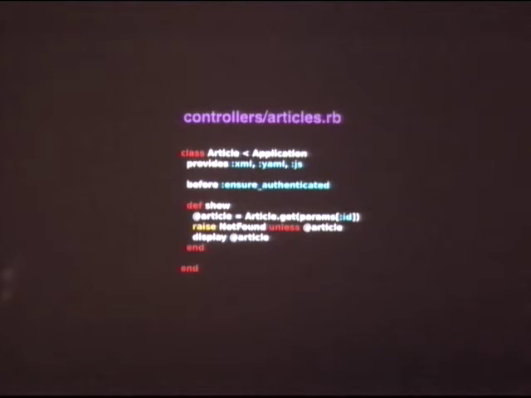The before authenticated is a before filter that the Merb auth slice uses, and so you'll have to add that in there, and just add that to any resource you want to protect. And by default, the provides is commented out. But that's more or less what a basic resource looks like.